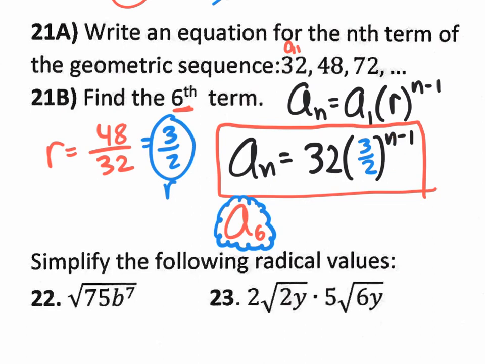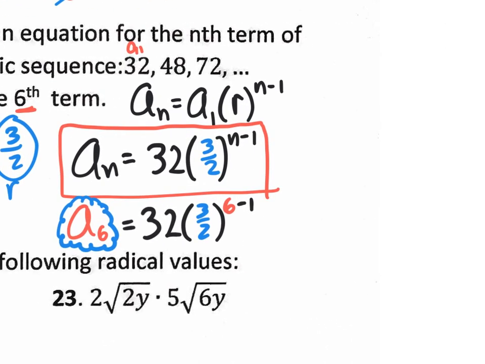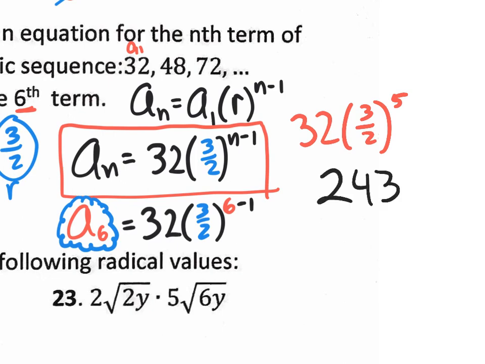So let me rewrite this thing: a sub 6 equals 32 parenthesis 3 over 2, but instead of n minus 1, I'm going to put 6 minus 1. So a sub 6 is simply plugging in 6. On the calculator, we're going to type in 32 times 3 over 2 to the power of 5. And on the calculator, your final answer is 243.